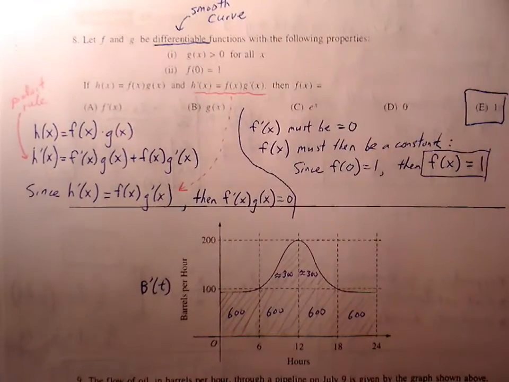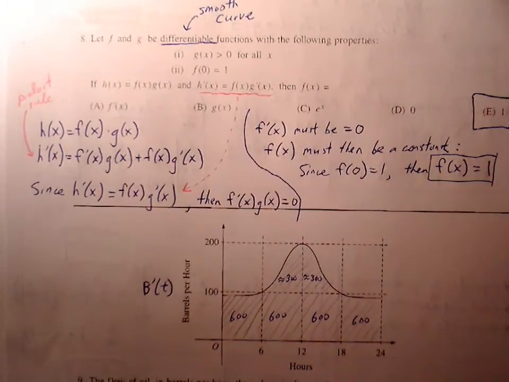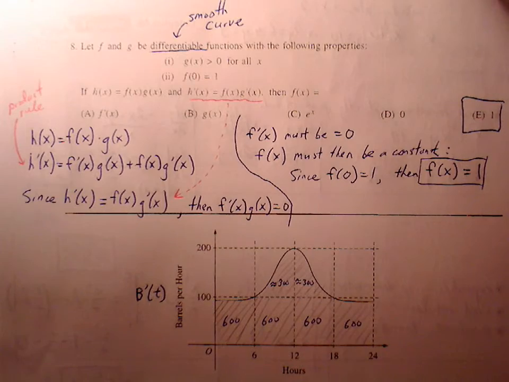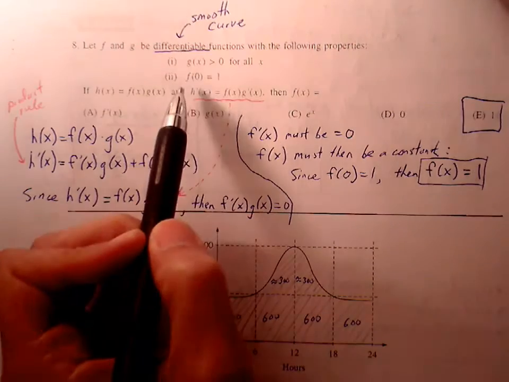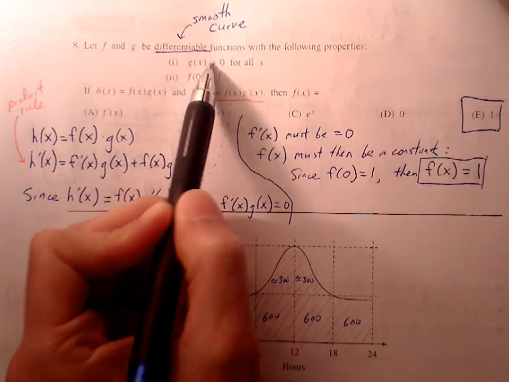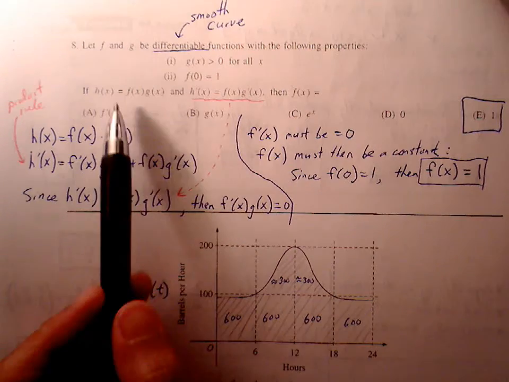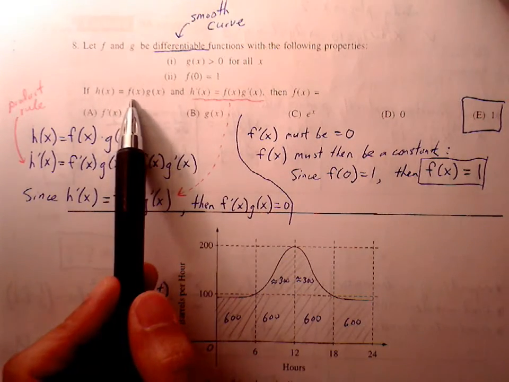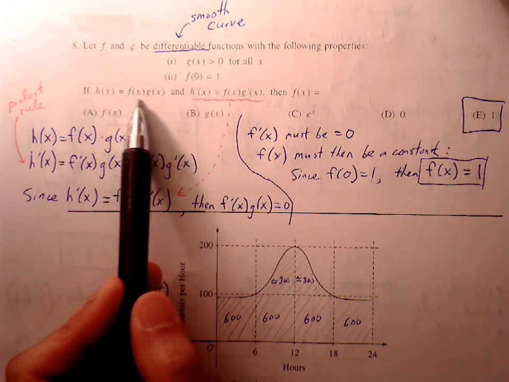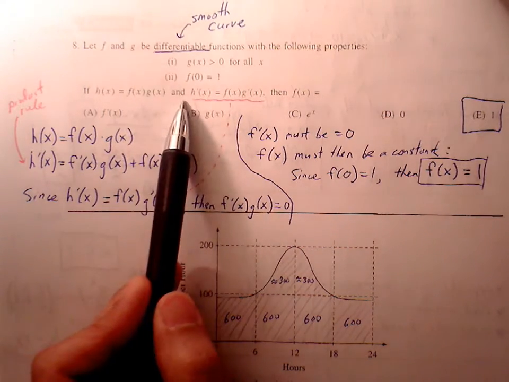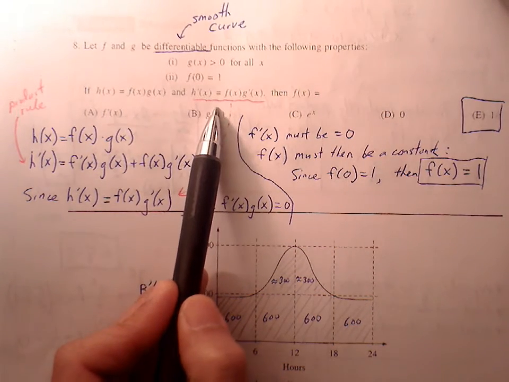All right, number 8. We have f and g being differentiable functions with the following properties. G of x is greater than 0, always a positive number, and f of 0 is equal to 1. So we have h of x is defined as f of x times g of x, and then they're telling us what the derivative is going to clean up to be.